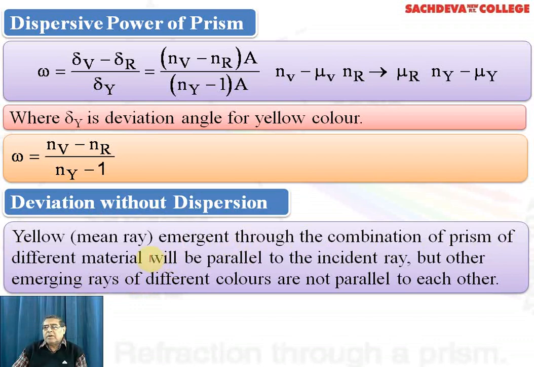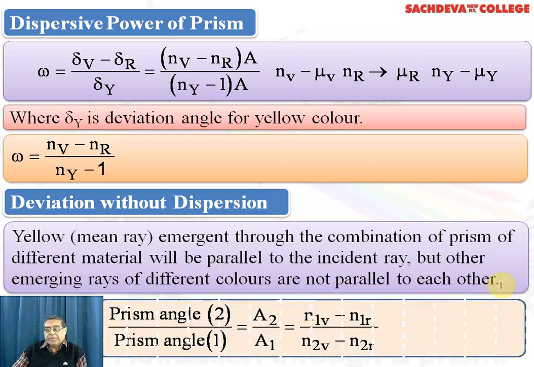So a prism is not necessarily made up of only glass. It can be made up of glass and flint, or glass and quartz. Now we consider that the yellow emergent through the combination of prisms of different materials will be parallel to the incident ray, but the other emerging rays of different colors are not parallel to each other.